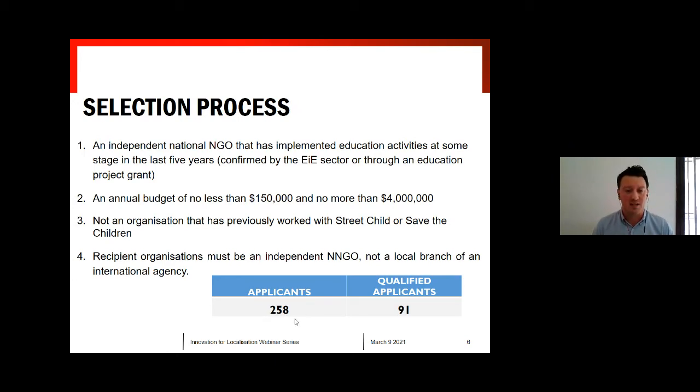So in terms of the selection process, they had to be a local organisation or a national organisation that had implemented education activities at some point in the last 5 years. And the way that this was confirmed was through the education in emergency sector, that they had submitted some kind of data in the last 5 years to the sector.